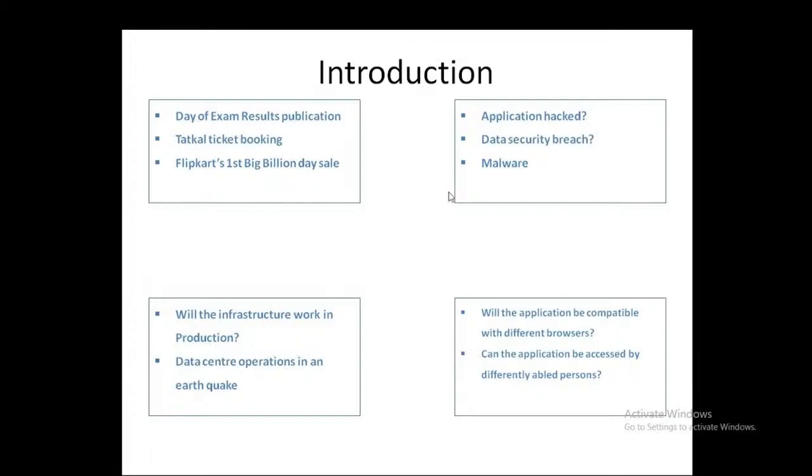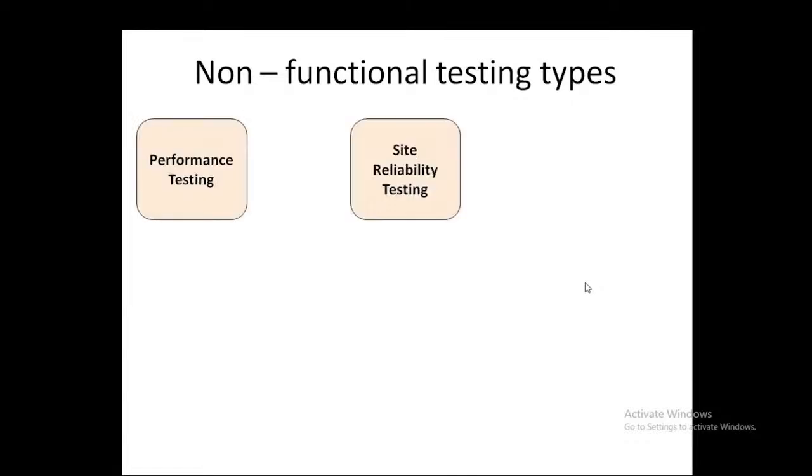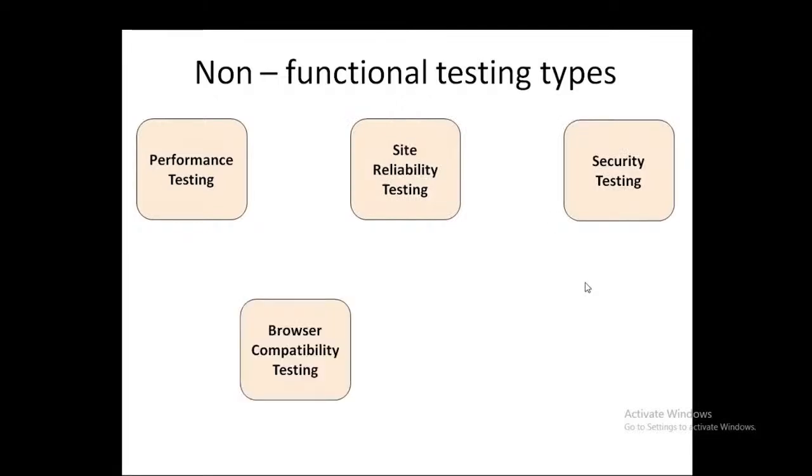All these points which I am trying to highlight belong to different types of testing. But the question to you: are they functional testing? No, they are not functional testing. Rather, they are non-functional testing. The different types of non-functional testing are performance testing, site reliability testing, security testing, browser compatibility testing, and accessibility testing.